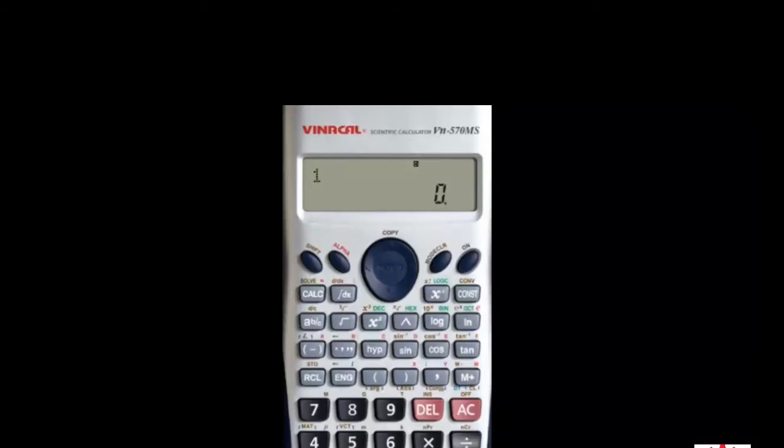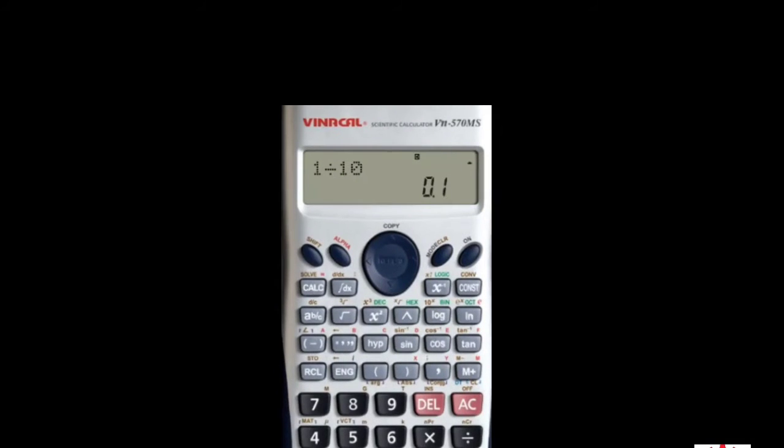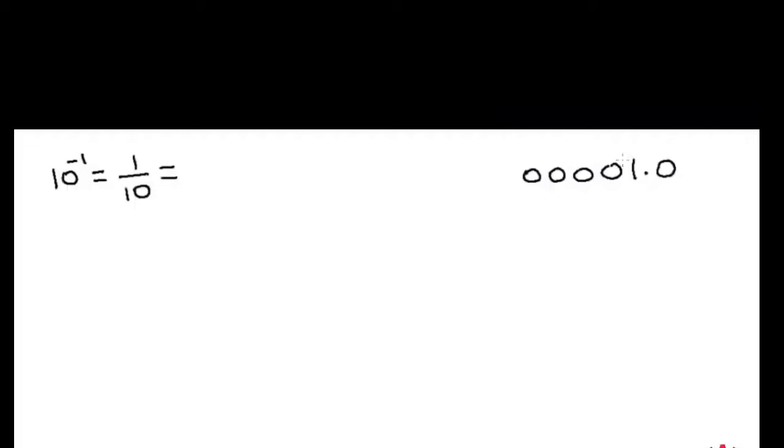For the next set, again I'll be writing 1.0. This time I will be adding 4 zeros before 1. First, let us start with 10 to the power of minus 1. It is nothing but 1 divided by 10. We all know 1 divided by 10 is nothing but 0.1. Let us try to understand from this perspective.